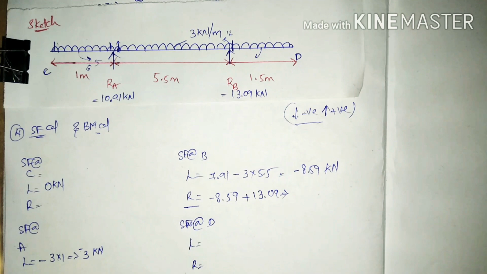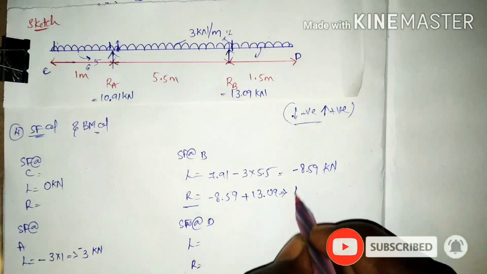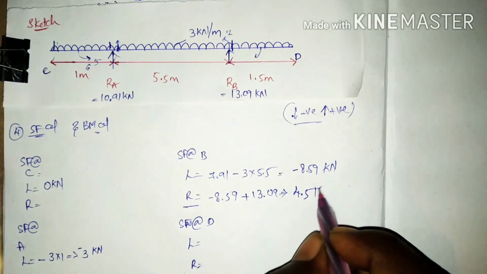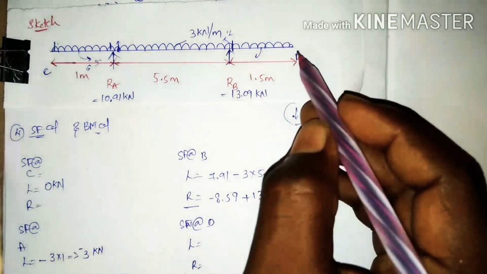The value is going to be 4.5 kilonewtons, and this is going to continue up to the left of D.